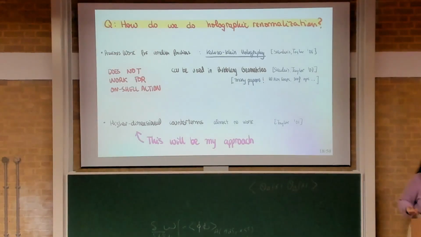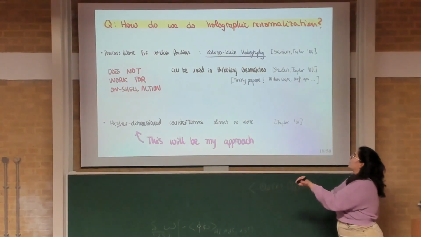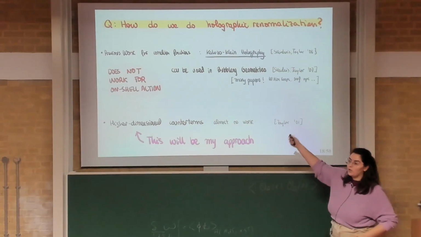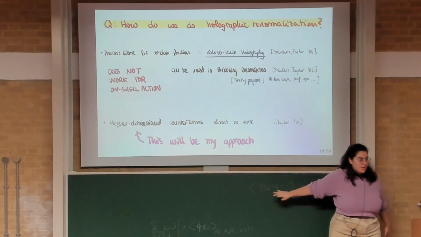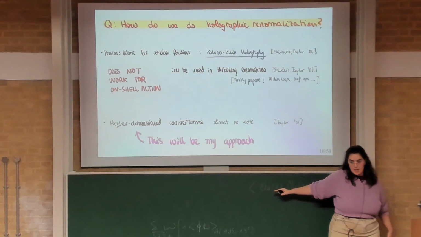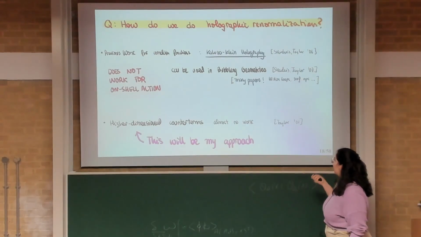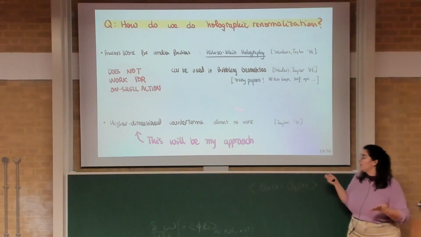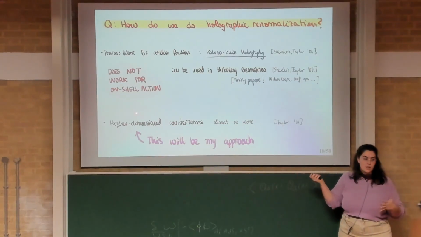Okay, and so the more concrete question that I am trying to answer is how do we do holographic renormalization in these geometries when the method that Skenderis and Taylor gave us doesn't work. And I want to say that there are several papers that talk about this problem, but I only found one paper that tries to work on this problem.